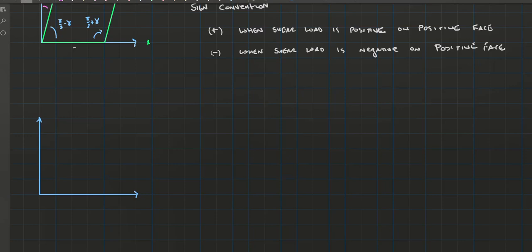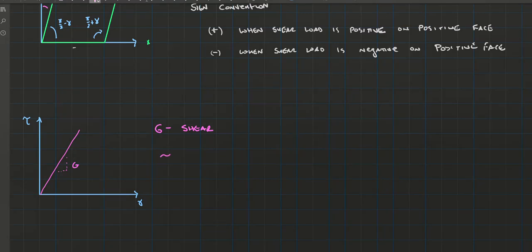Now we can plot stress strain curves for shear just like we did stress strain curves for our normal stress and strain, so tau and gamma. And initially the curve is going to follow linear elastic for, say, a ductile steel material, where this slope is something we call G. So G is the shear modulus, just like E was the elastic modulus.